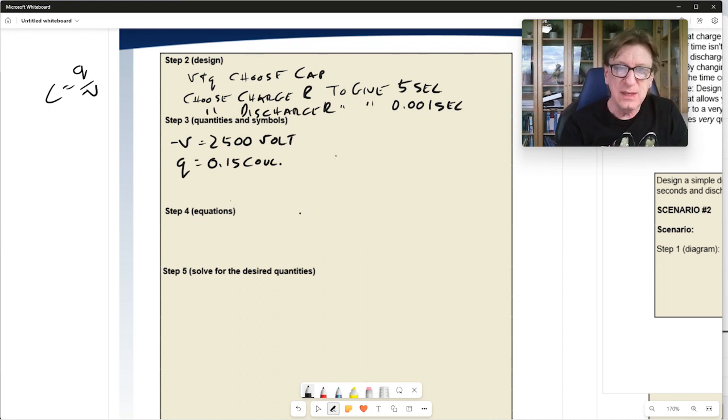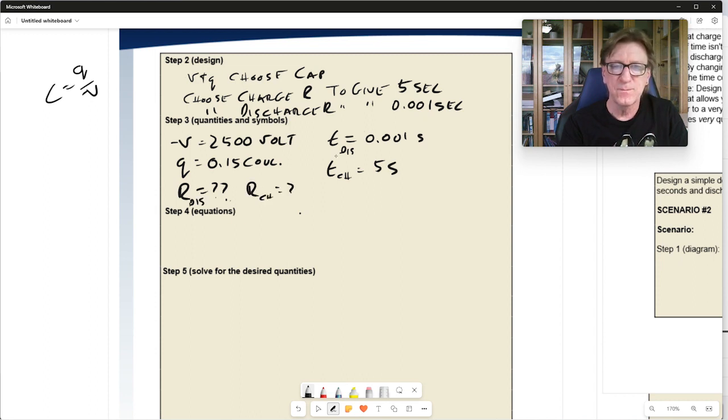And I need the time for discharge, so we'll call that T discharge. That needs to be 0.001 seconds. And my time for charging is going to be 5 seconds. What I don't know is the resistor for the discharge, the resistor for charging, and I don't know the capacitor. So those are the 3 things.